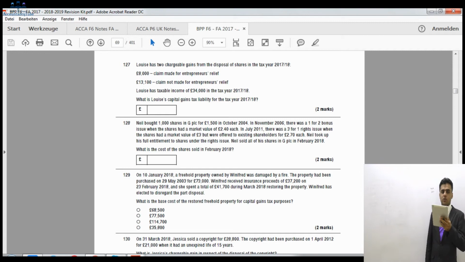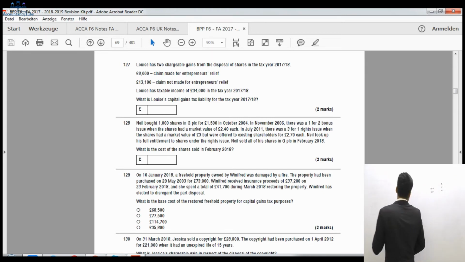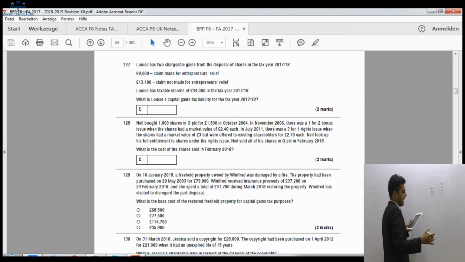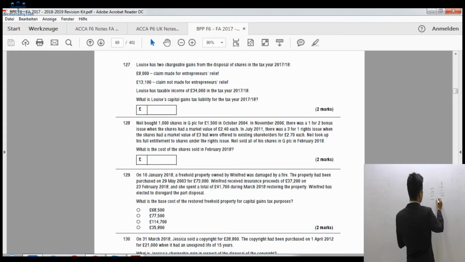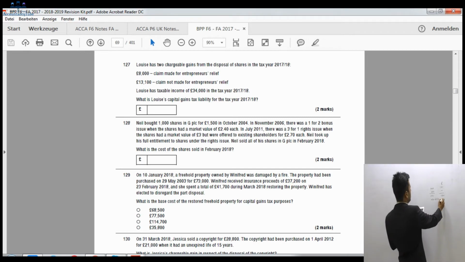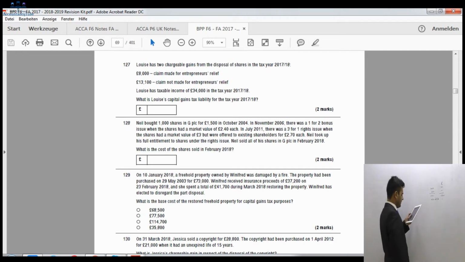So they already hold 1,500 shares, and for every 1 they hold they will get 3 more shares. So 1,500 times 3 is 4,500 shares, and the cost is £2.70 each. So 4,500 times £2.70, whatever this figure is, that will go into this place.